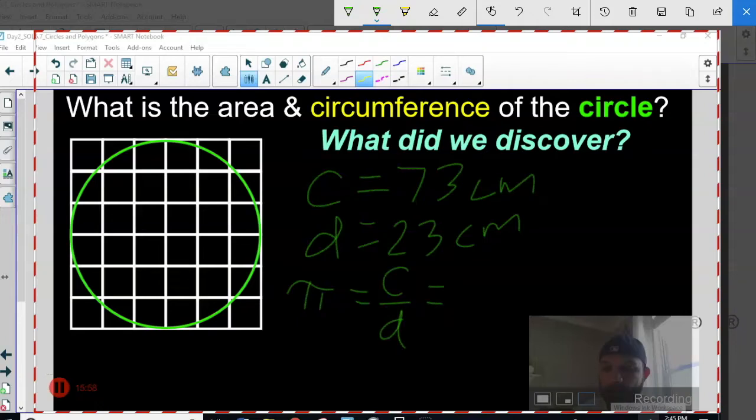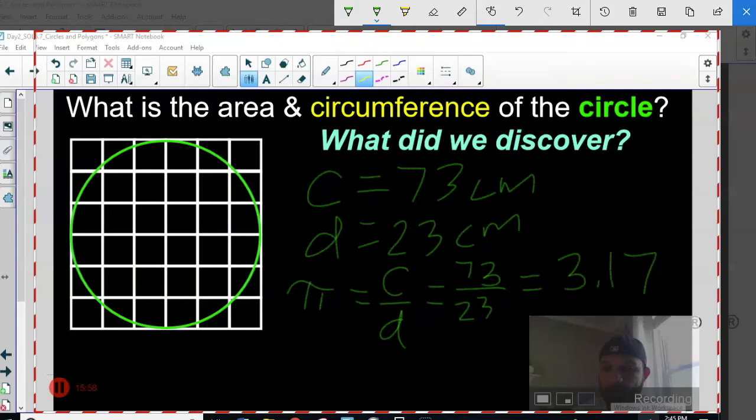So if my circumference is 73 and my diameter is 23, if I divide those two, let me get my calculator out real quick. Let's see what it comes out to be. 73 divided by 23, I got 3.17.